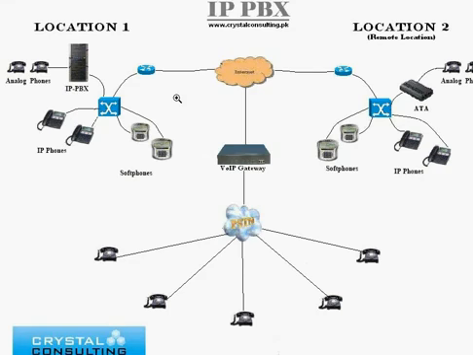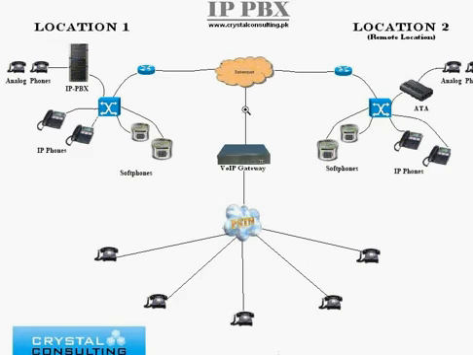Whenever you dial those numbers, the call will route to the IP PBX, and then from IP PBX to the internet. And since the call has to go out, you would require a VoIP gateway, which is basically provided to you by your VoIP provider. You're not actually installing this infrastructure. That's your VoIP provider.